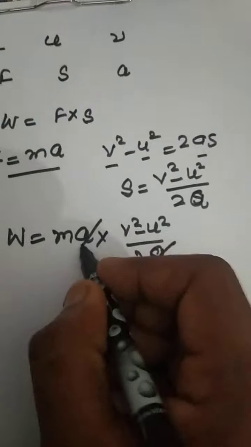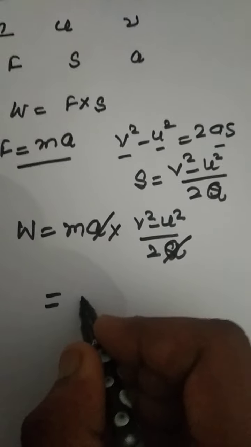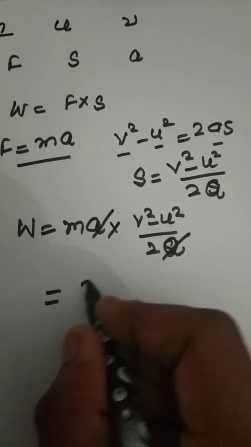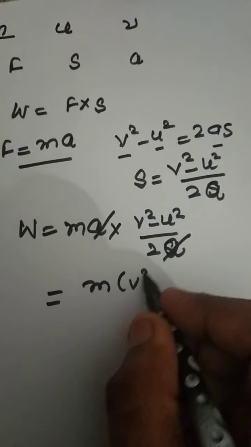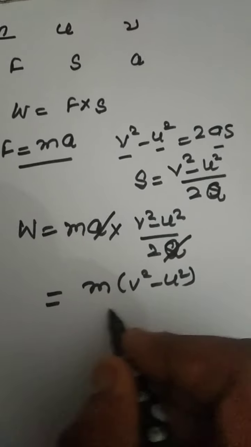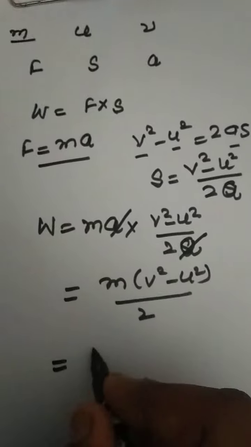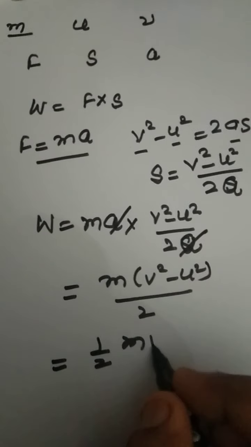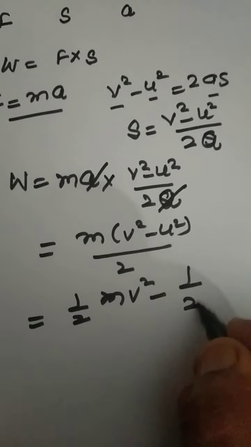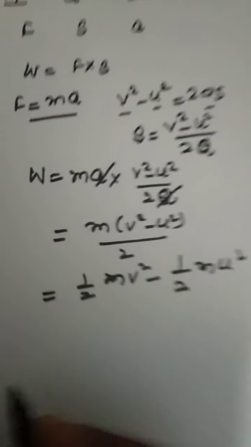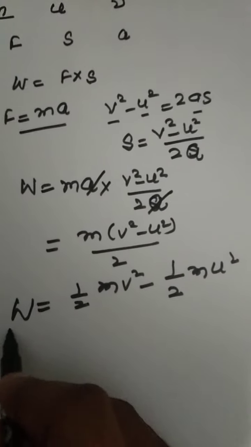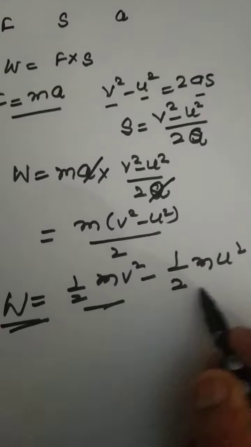Here a cancels, so we get m times (v square minus u square) upon 2, that is half mv square minus half mu square. Hence we proved that work done equals change in kinetic energy.